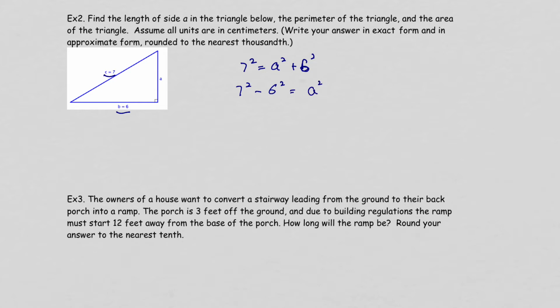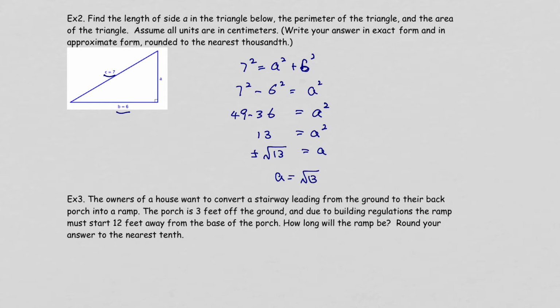We're trying to isolate A, so we subtract both sides by 6 squared to put the numbers together. So then you get 49 minus 36. That's A squared, which is 13. And when you square root both sides, you get plus minus square root of 13. So your A is square root of 13.